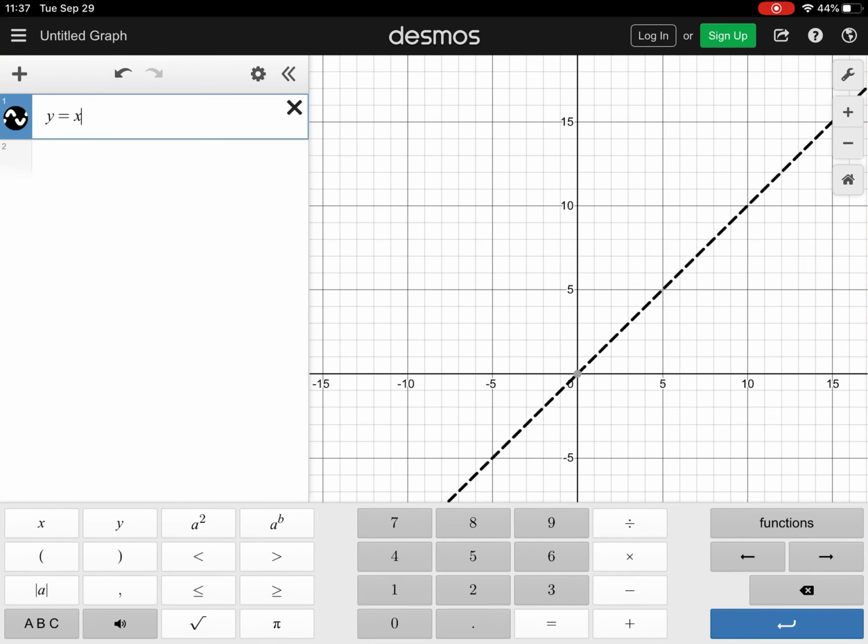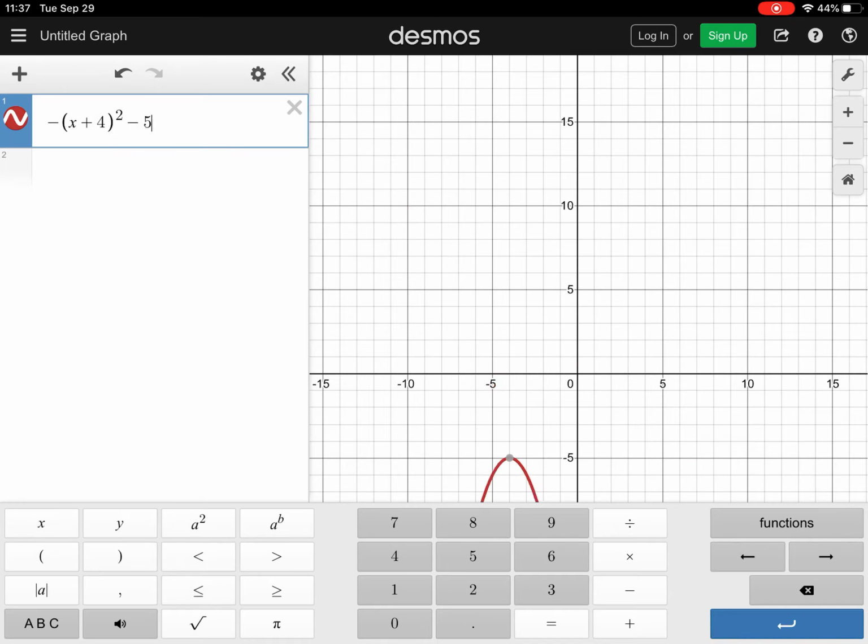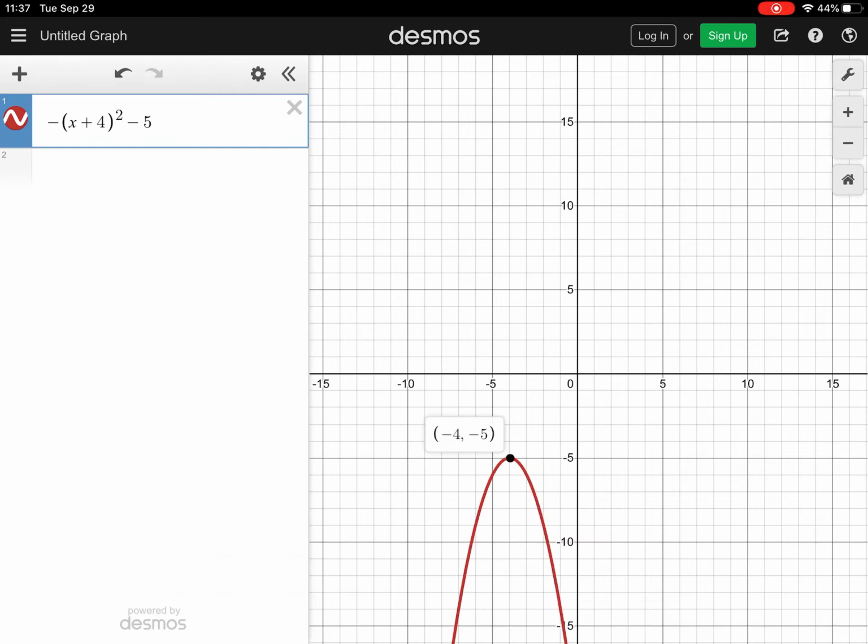I know that many of us have not done that. So what we're going to do instead is go to desmos.com and just type that in. So (x + 4) quantity squared minus 5.